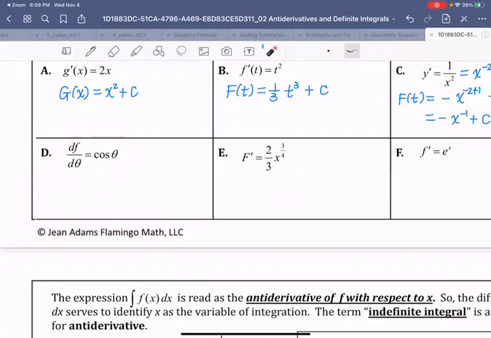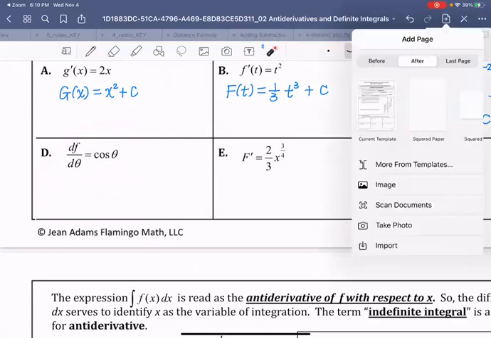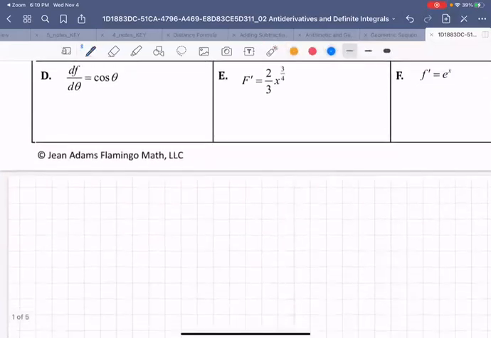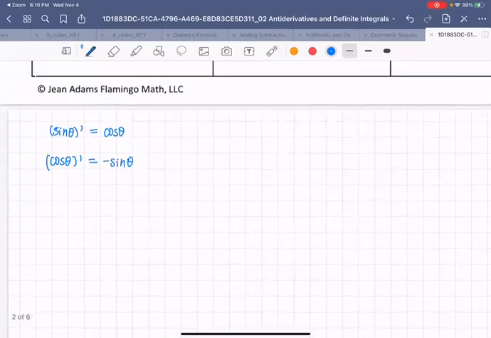I did teach you those kind of trigonometry stuff in summer. Before we do this, let's quickly review all the things we learned in summer, because all those questions need those formulas. The derivative of sine theta is cosine. Cosine theta is negative sine. Tangent is secant squared.